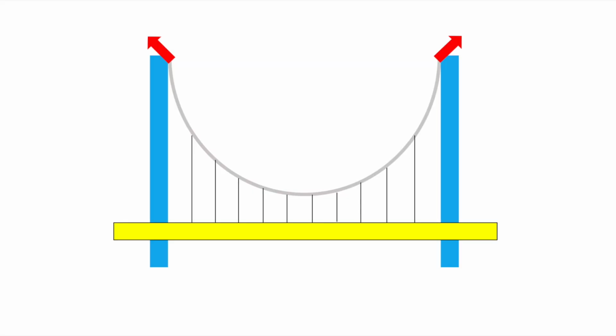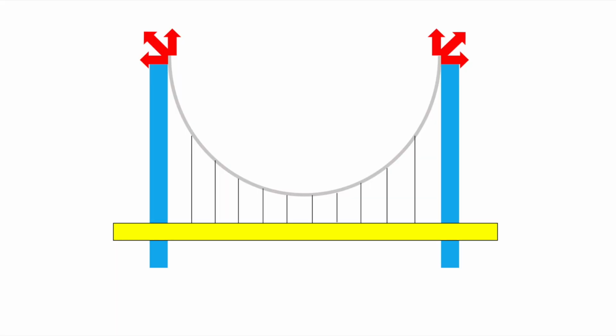When we have the tension in the cable of the bridge, we can represent this by a vector or just an arrow. And this arrow will be going out at a certain angle depending on how the cable meets the bridge. And this arrow can be broken down into its components. So we have our vertical and our horizontal component. The vertical component is the amount of the tension that is acting up and down, and the horizontal component is the part of the tension that is acting left and right.